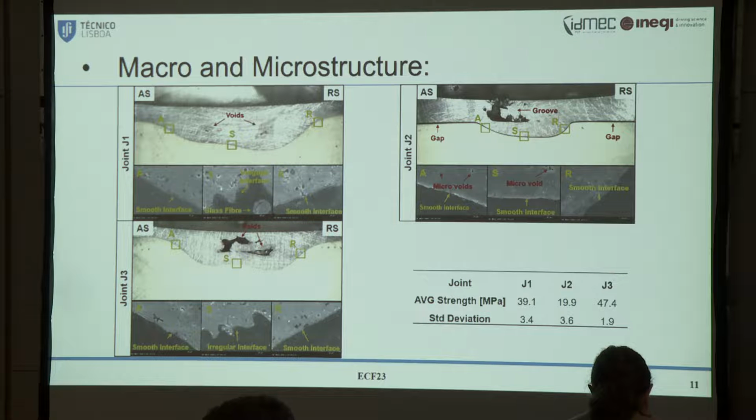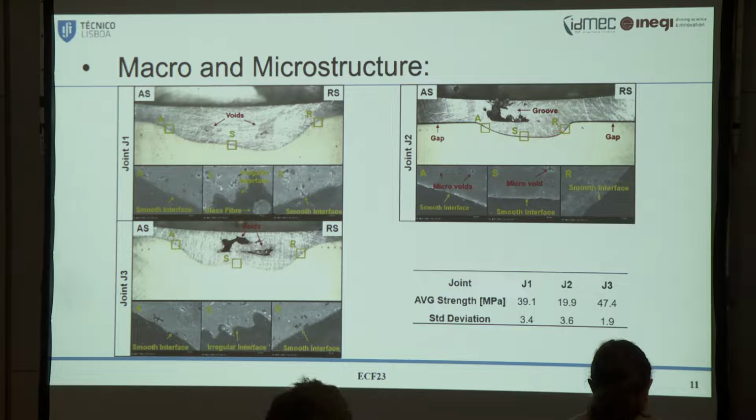Looking at the macro and microstructure, we can observe different defects, voids and grooves. We can observe, of course, the interlocking between the aluminum alloy and the composite plate. This is the aluminum alloy, this is the composite.